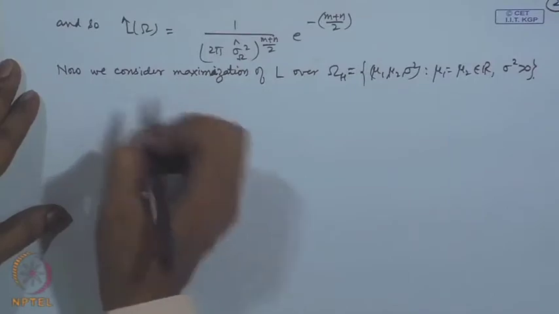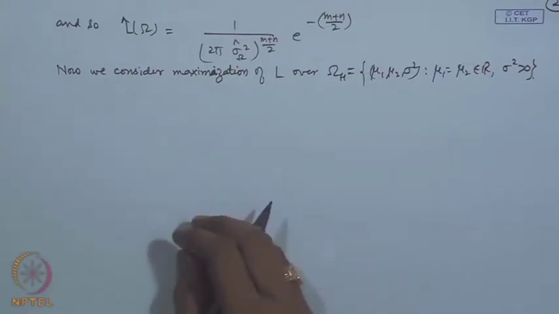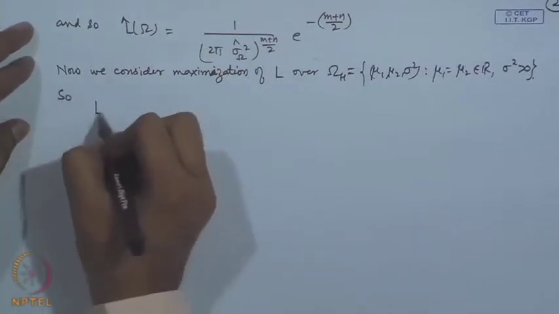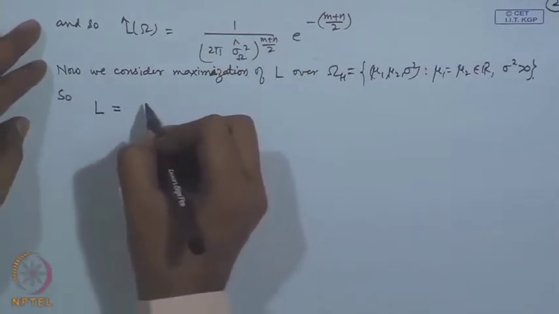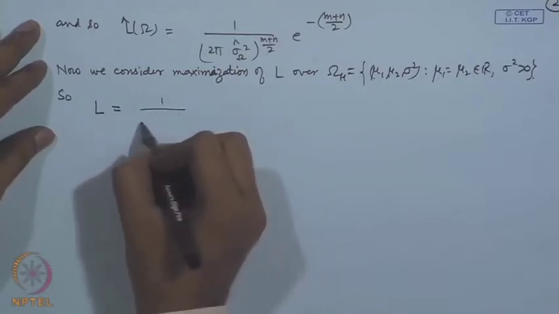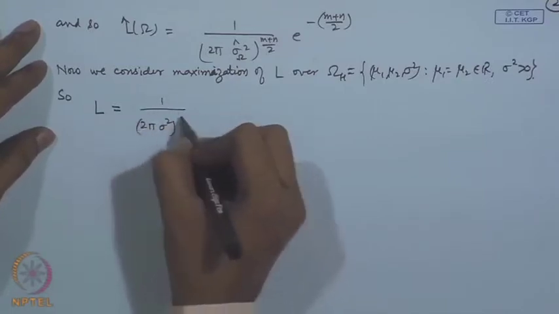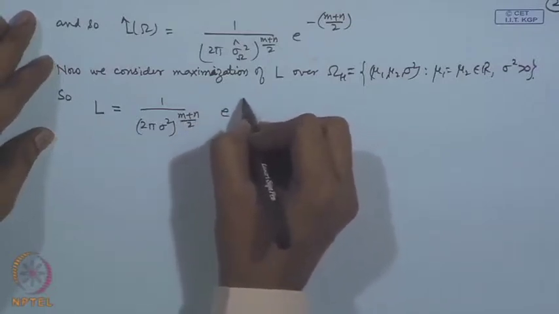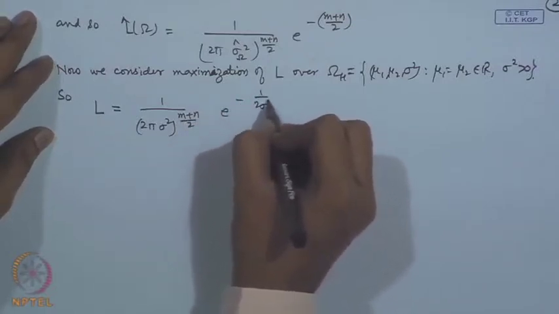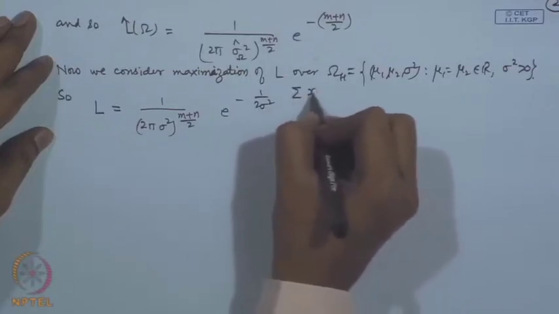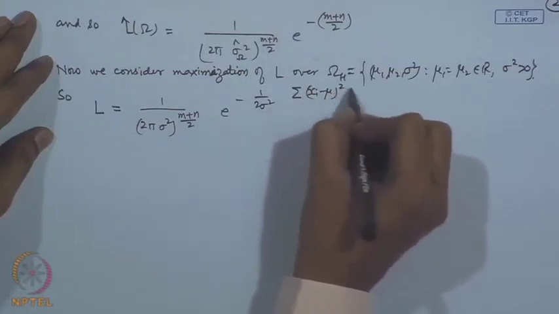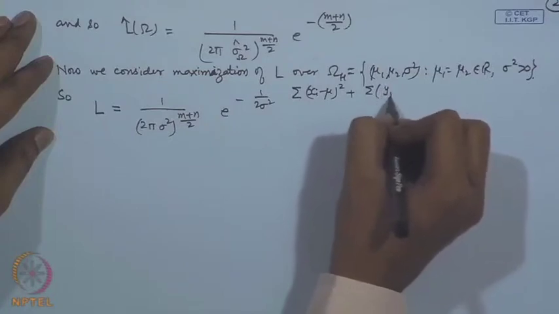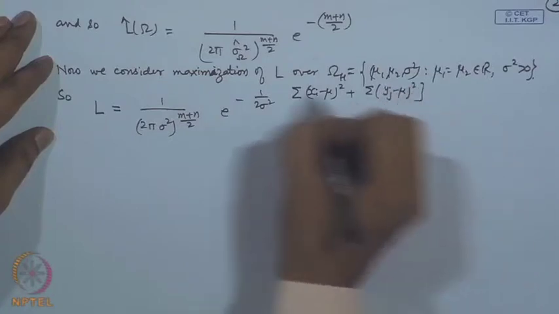So, now let us write down the likelihood function in the modified form, because here now mu 1 is equal to mu 2. L is now 1 by 2 pi sigma square to the power m plus n by 2, e to the power minus 1 by 2 sigma square times sigma (x i minus mu) square plus sigma (y j minus mu) square.